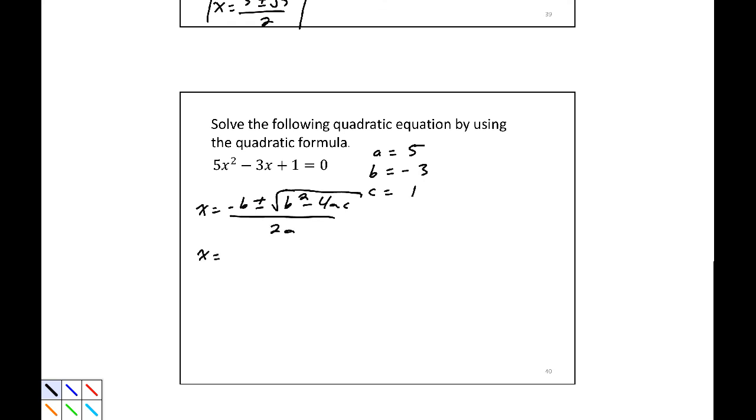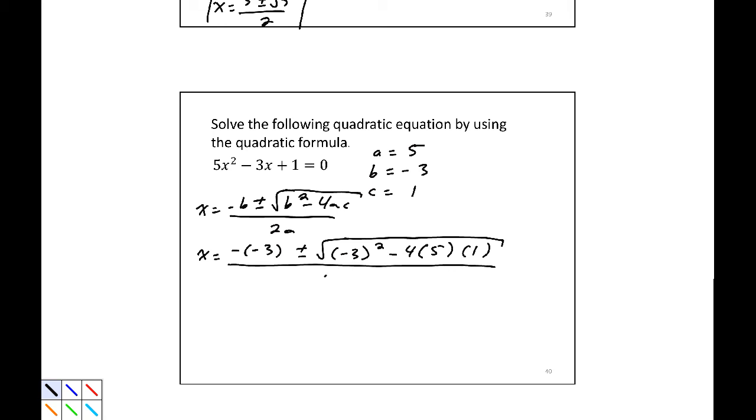So that means the opposite of negative 3 plus or minus the square root of negative 3 squared minus 4ac, all over 2 times 5. So that's positive 3 plus or minus the square root of something divided by 10. So that would be negative 3 squared is 9 minus 20. That is negative 11.